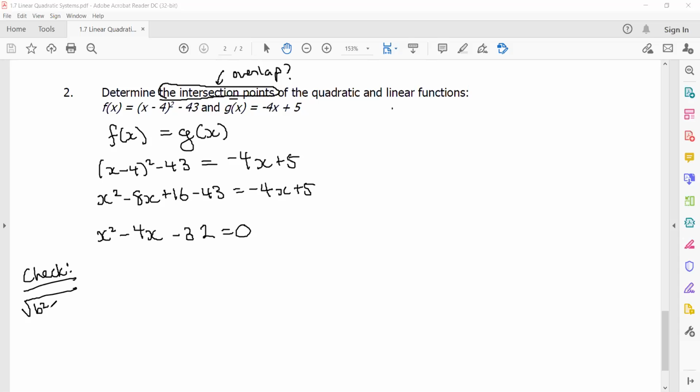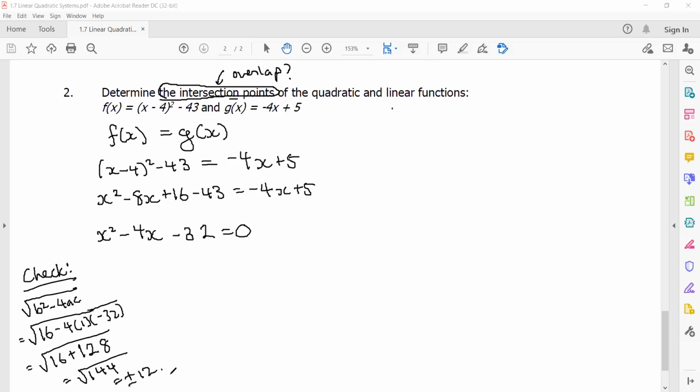Let's first check b squared minus 4ac. b squared is negative 4 squared, that's 16. 4 times a times negative 32. Oof, that's 16 plus 128, which means 144. Oh, that gives me plus minus 12.